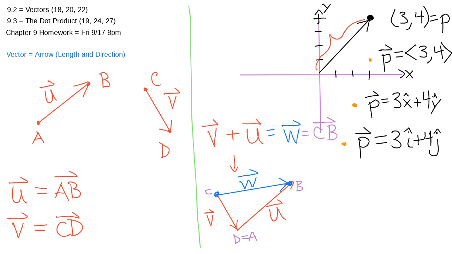Okay, let's do this. I'm going to draw an axis, X and Y axis. What can I put? Let's have two vectors.